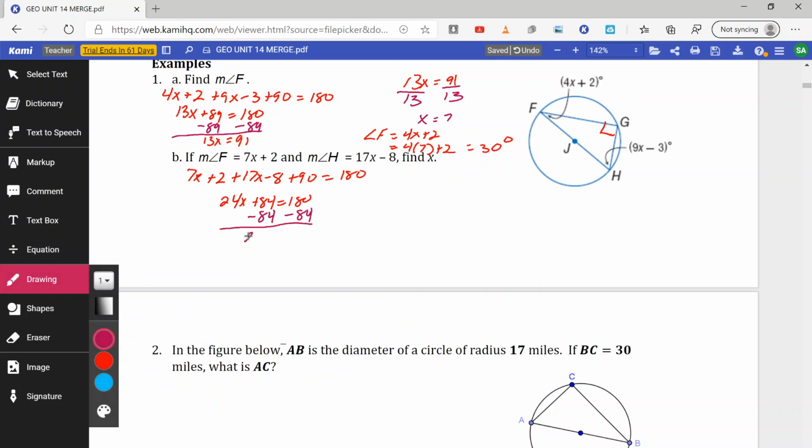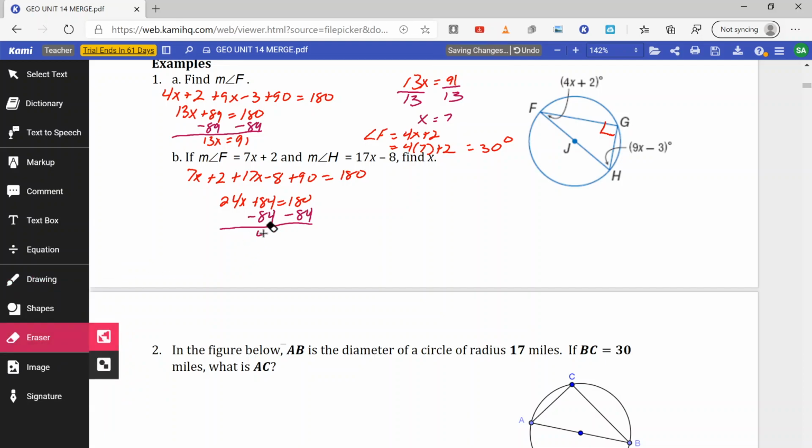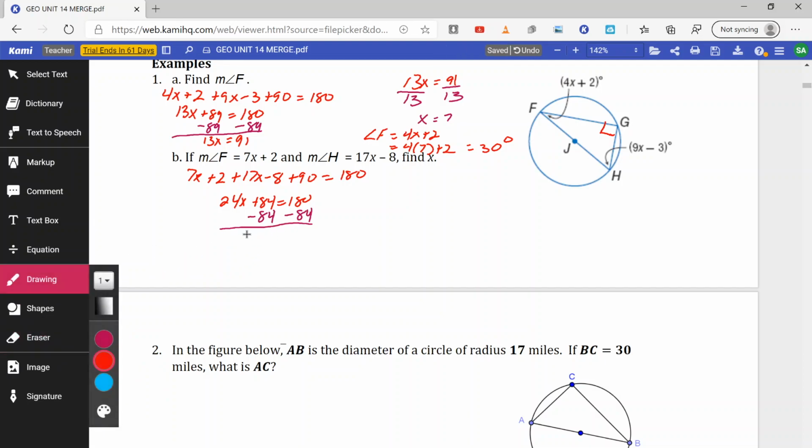And we get 24x equals 96. Divide by 24, and I get x equals 4. So that was our task in this one. Find x. We found x. 96 divided by 24 is 4. Therefore, we are done with that one.